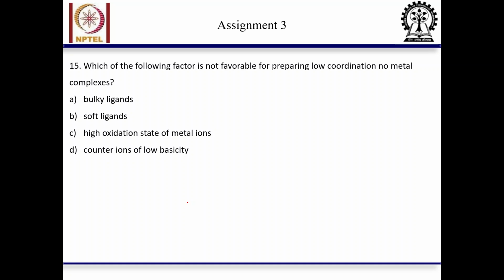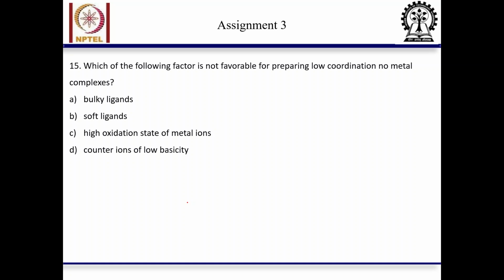If you have the bulky ligand, you will always go to the lower coordination number for the metal ion, right?